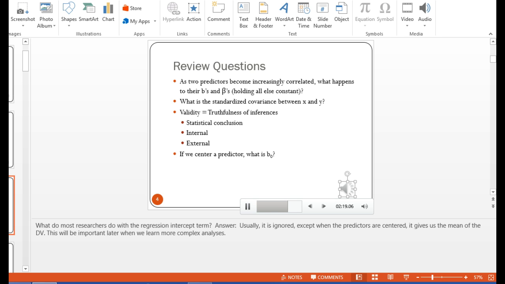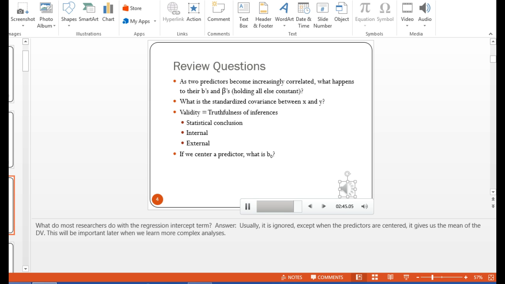Internal validity is the truthfulness of inferences that our hypothesized predictor is causing our DV. So there's a causal link there. And finally, external validity is the truthfulness of inferences that the causal link between X and Y holds or stays significant across various situations, contexts, and people in our sample.